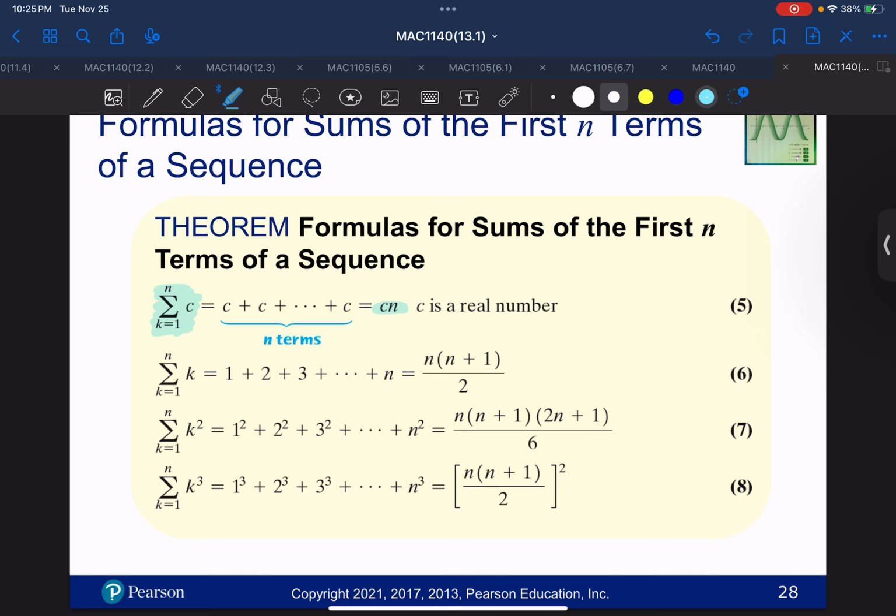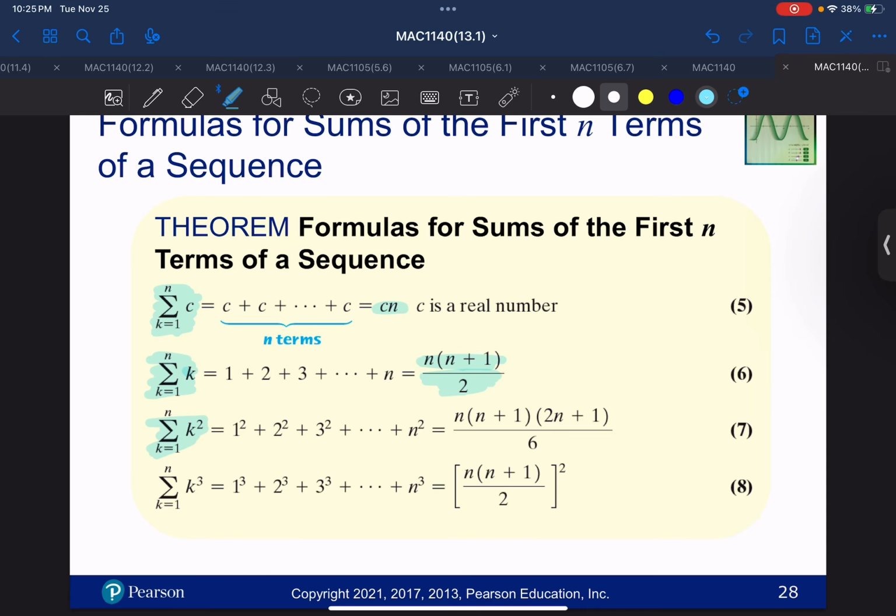The next one is the summation of k, starting with k equals 1. Well, this would just be 1 plus 2 plus all the way to n. This actually has a formula, which is n times n plus 1 divided by 2. The next one is the summation of k squared.